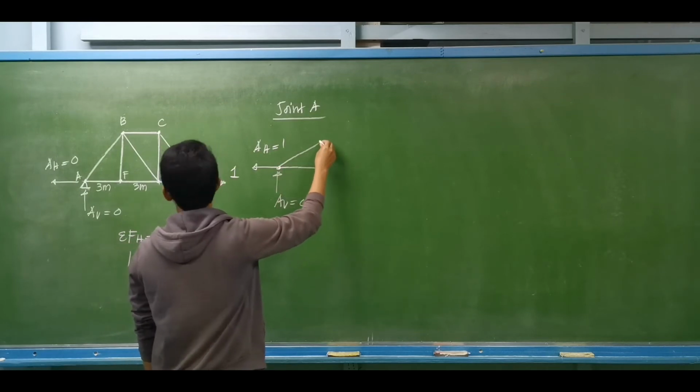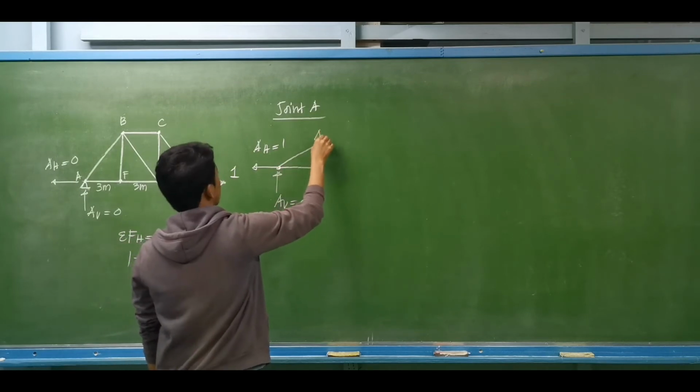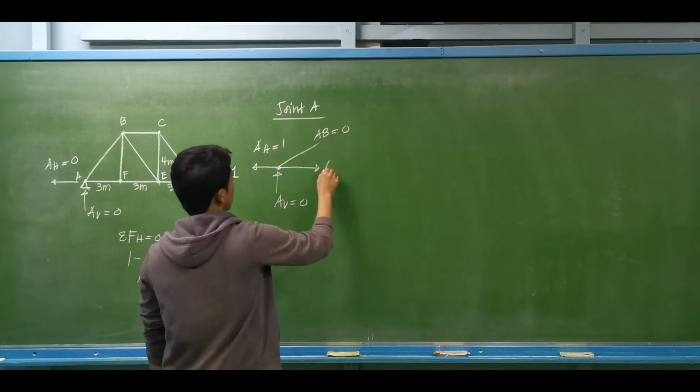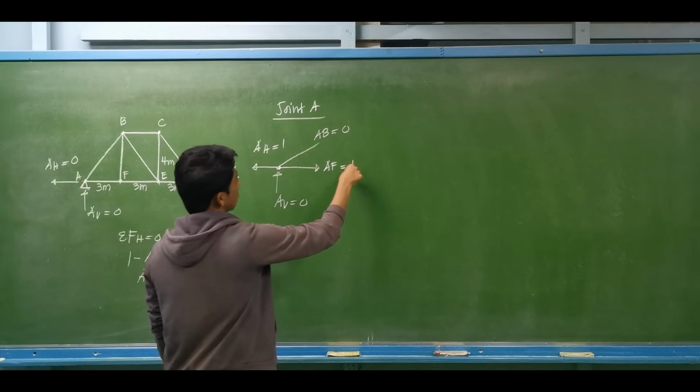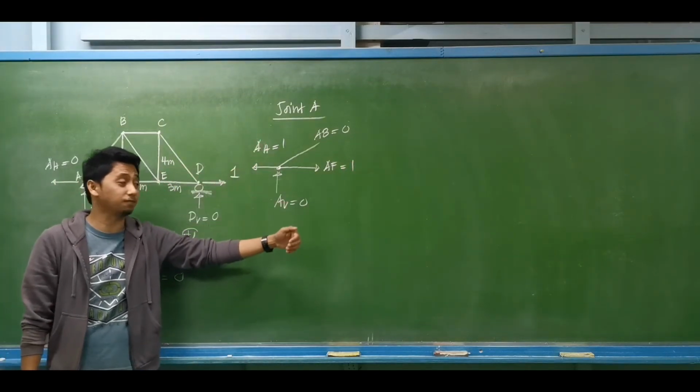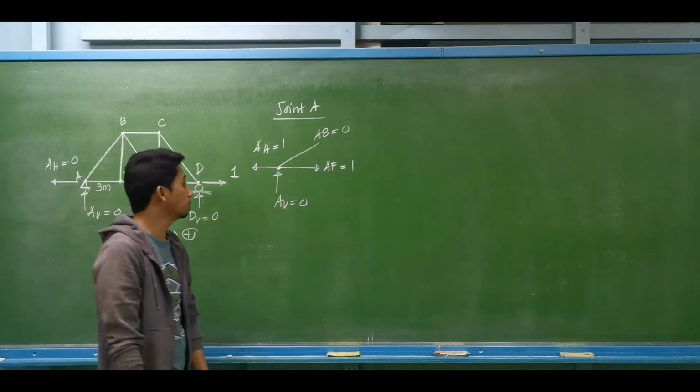So it is obvious that the axial force for member AB should be equal to 0, and member AF will have the same as 1. Since we don't have a vertical force, AF is equal to 1.